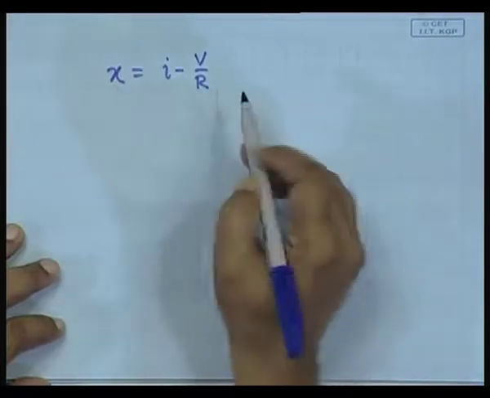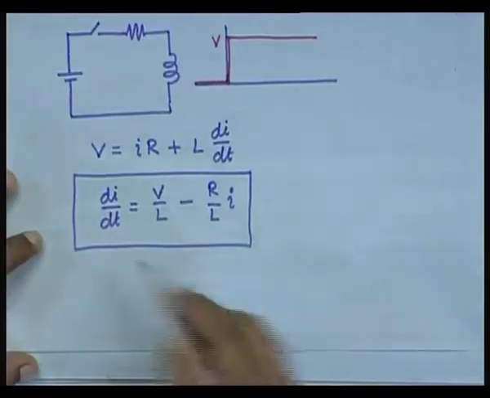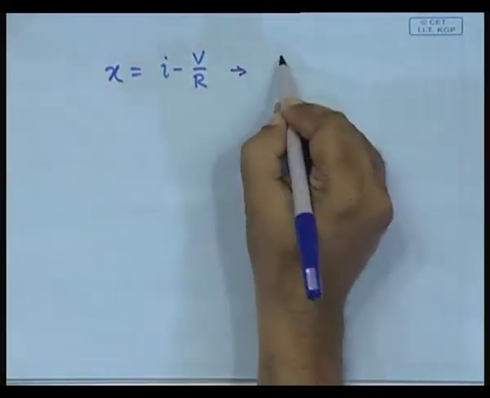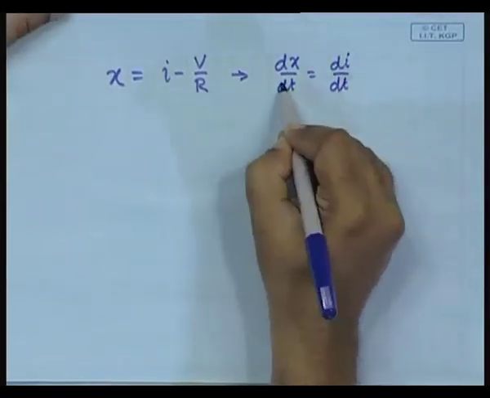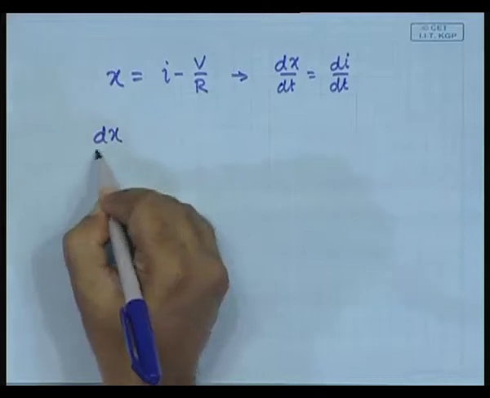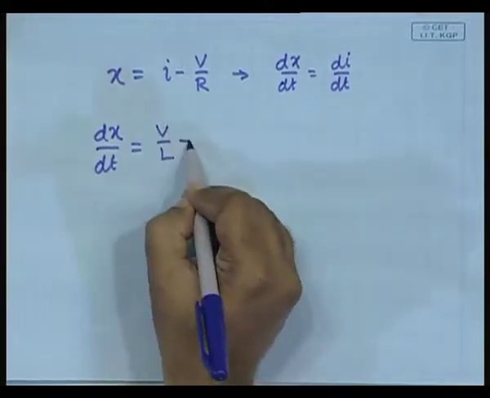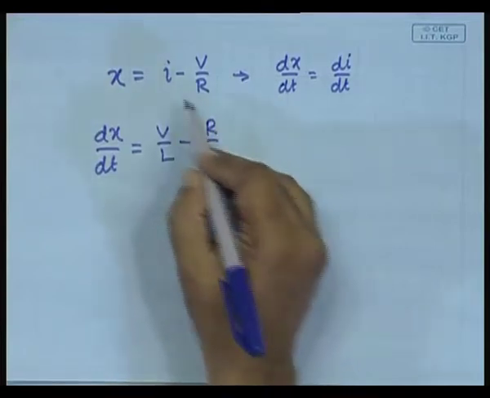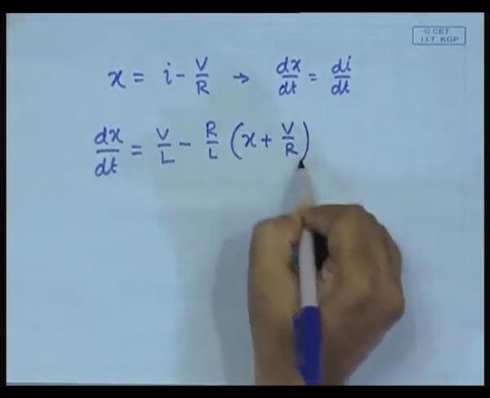If this is the new variable x, in terms of that, how does the original equation look? The original equation was this. So, this gives dx dt is equal to v by L minus r by L I, and r by L I is x plus v by r.